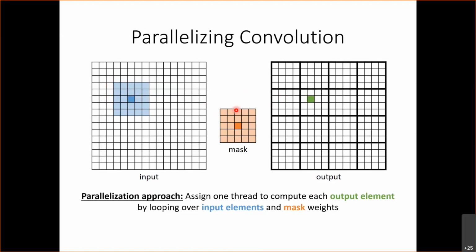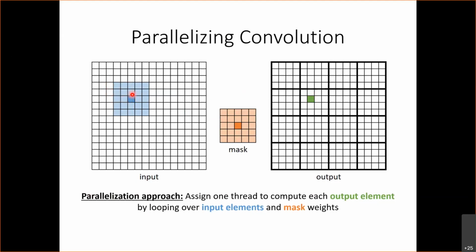If my output row is 1, and I'm finding the input element corresponding to this mask element, that's going to be this input element. So what I would do is start from my output row, subtract the mask radius, and then add 1, which is my mask row. The mask radius, like I said, is the number of elements in one direction.